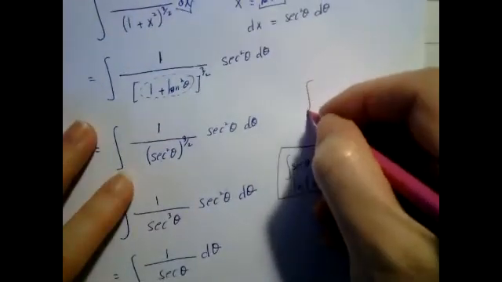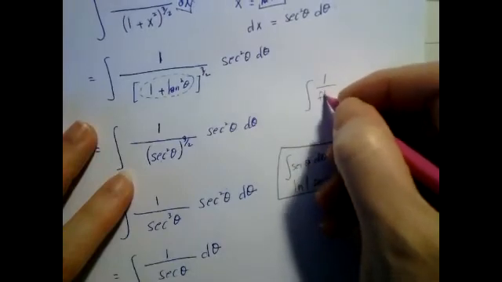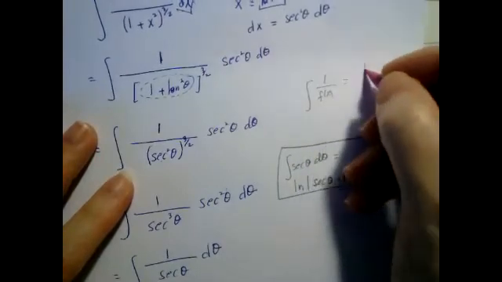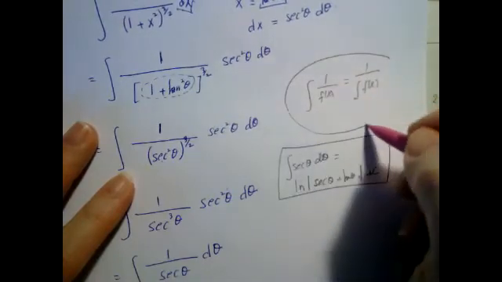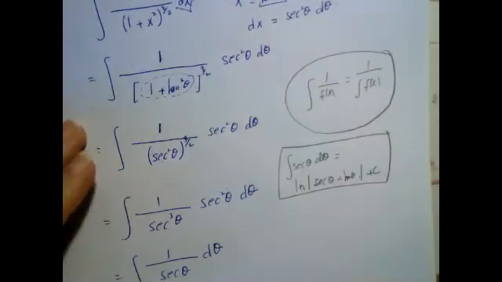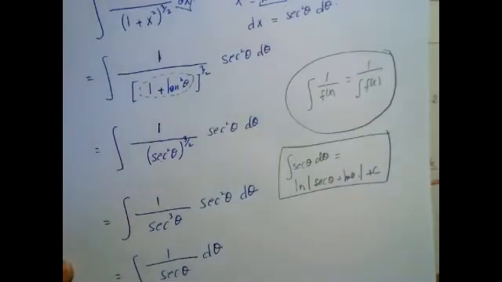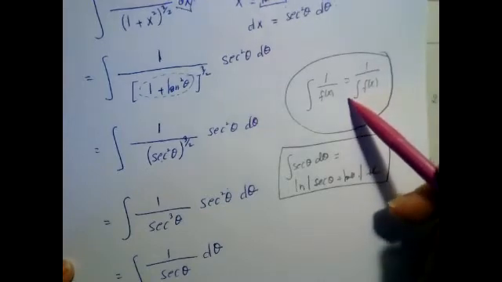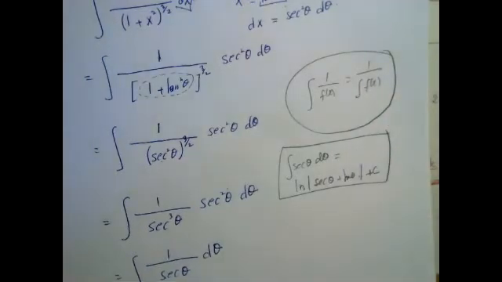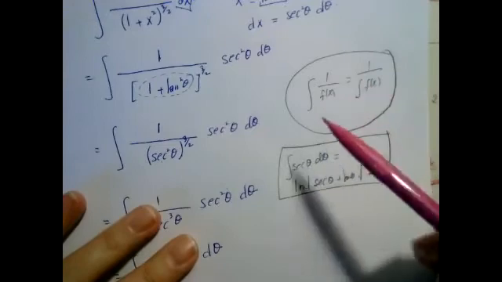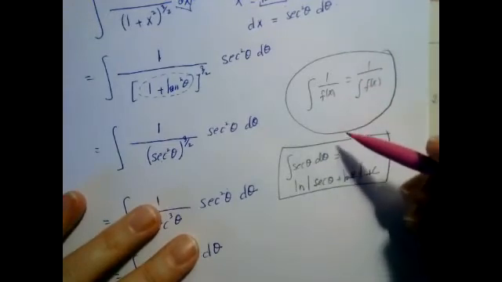Is the integral of 1 over f of x equal to 1 over the integral of f? Can I split like this? That's what you're telling me, right? It worked for you on your assignment? I don't know what worked for your assignment. I don't know. But it's a major error.